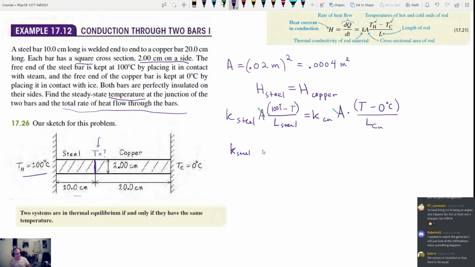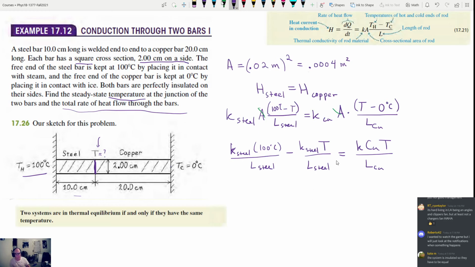So K steel times 100 divided by L steel minus K steel times T divided by L steel equals K copper times T divided by L copper. And of course, if I multiply K times 0, I get 0. So that's the only term on the right-hand side.